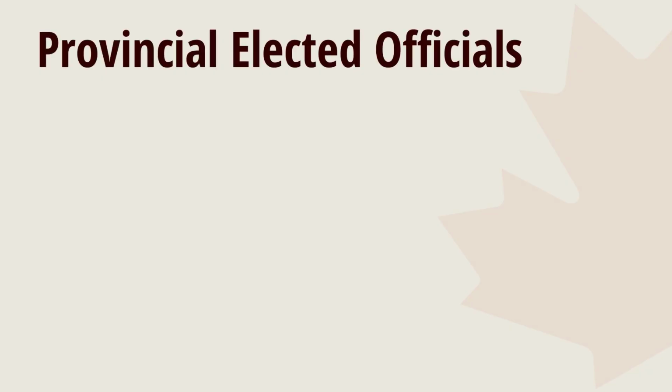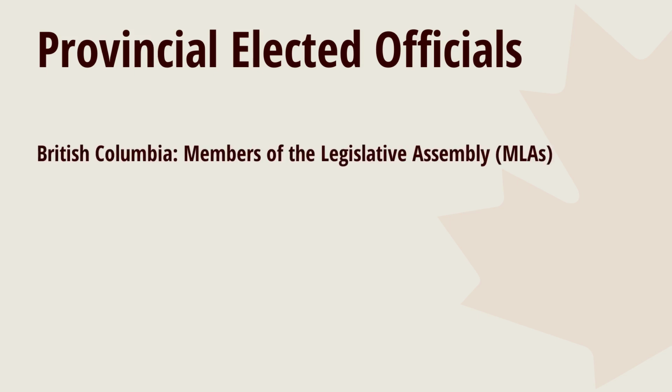Each province and territory has its own legislative assembly where provincial and territorial laws are passed, and the names of those members change depending on where you live in Canada. In some provinces, like British Columbia, the provincial members are called Members of the Legislative Assembly, or MLAs.